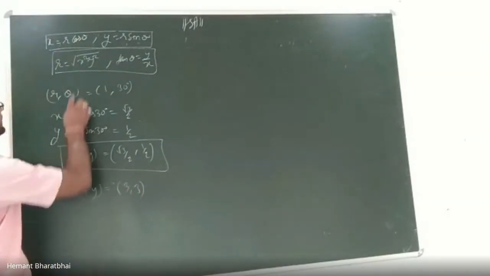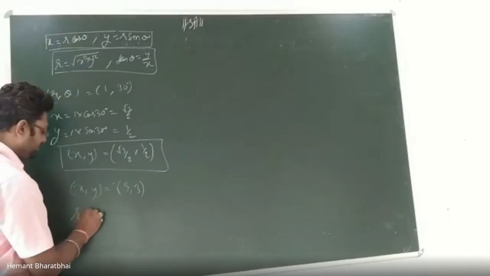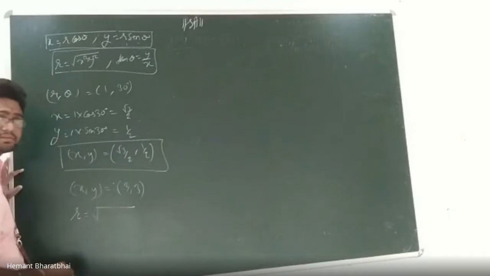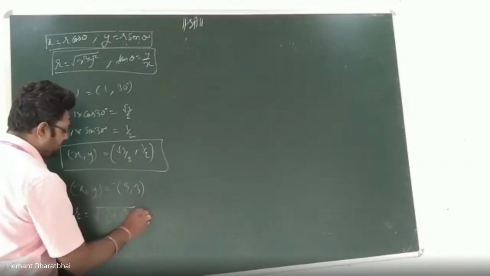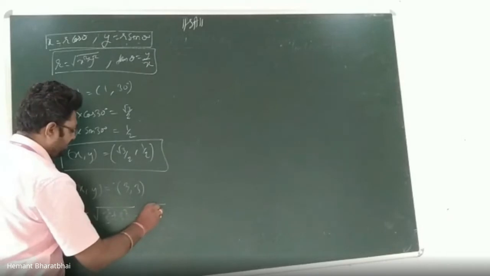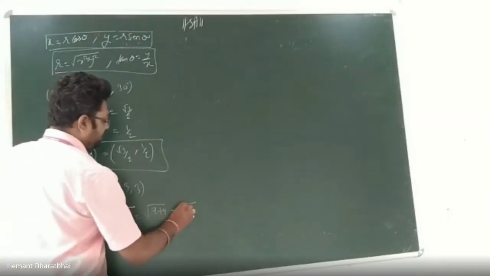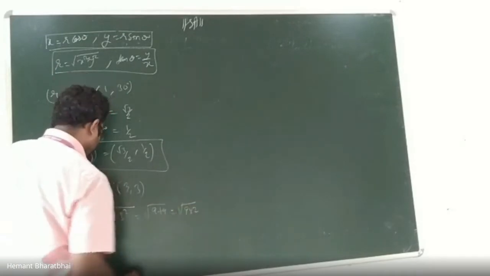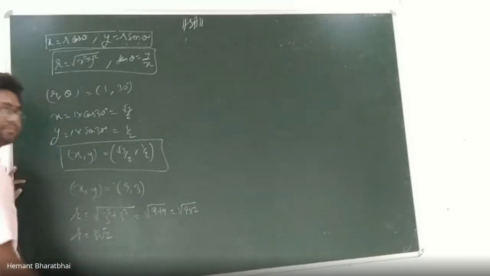I want to write it in polar form, so I will use r equals under root of x square plus y square. That will be 3 square plus 3 square, so 9 plus 9, which is 18, which can be written as 9 into 2. Hence I get r equal to 3 root 2.